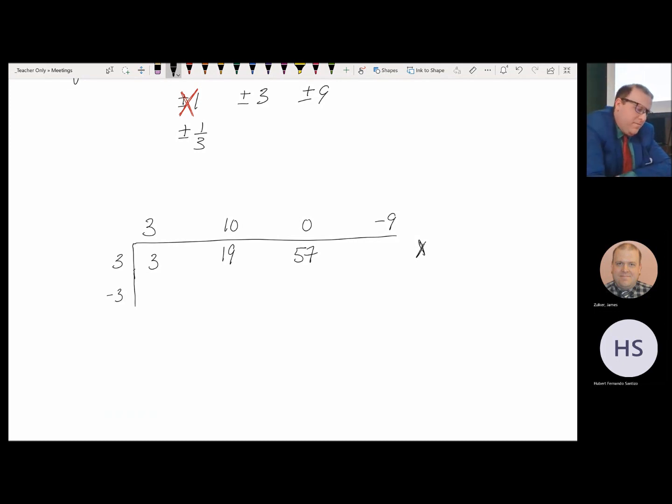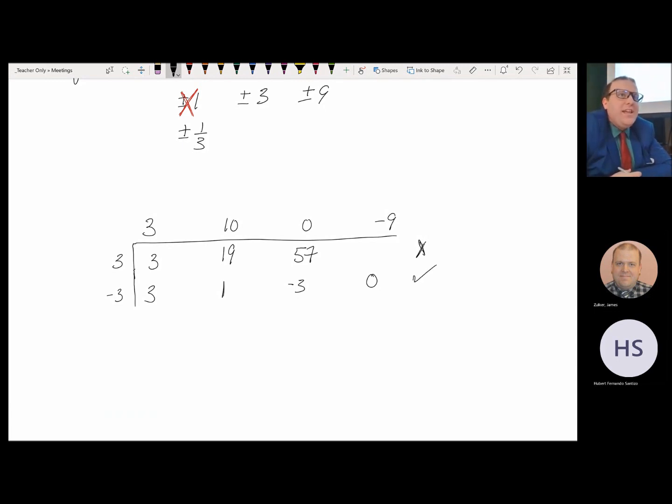Negative 3. 3 times negative 3 plus 10 times negative 3 plus 0 times negative 3. Oops. And then minus 9 is 0. Negative 3 is also a 0.